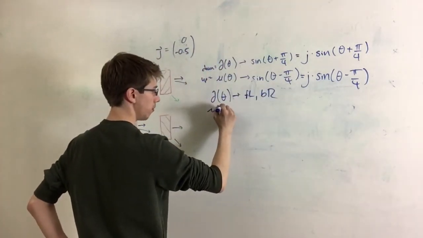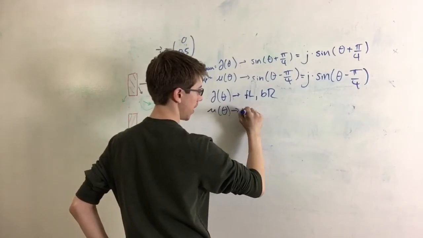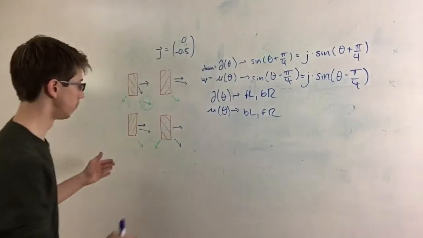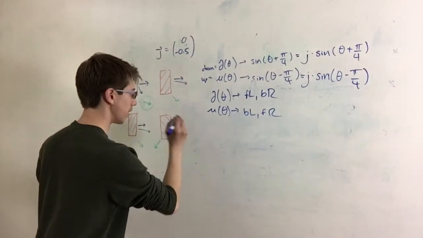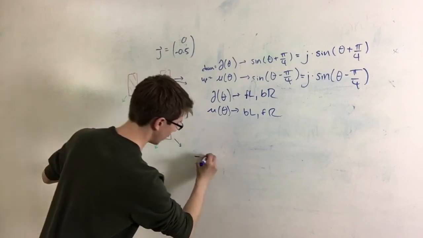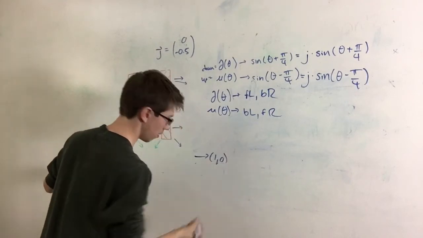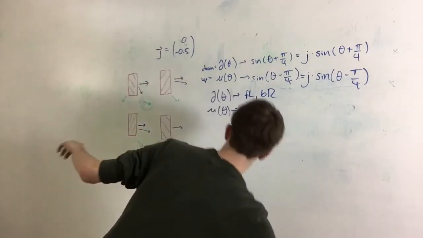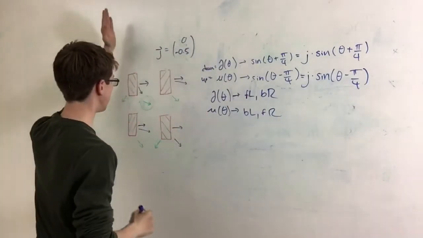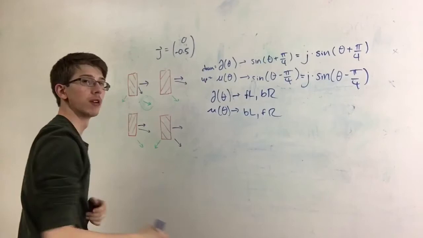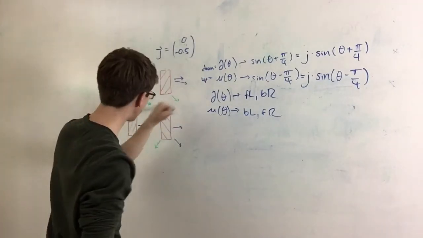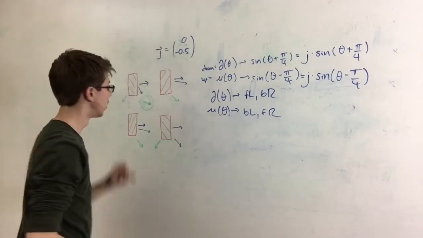And U of theta refers to our back left and front right. We want our left and our right. If we have this being 1, 0, our turn velocity is 1. We want it to go like this, which means we want this to be 1 and this to be negative 1, which means that we're subtracting tx here and adding tx here. So minus tx here, add tx here.